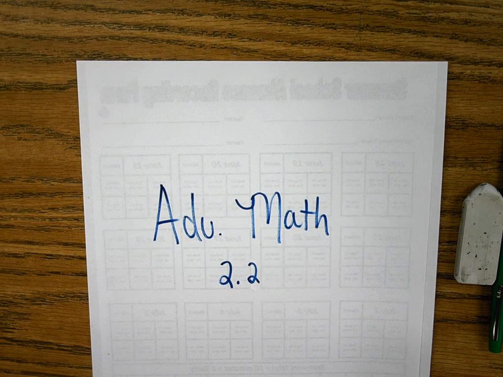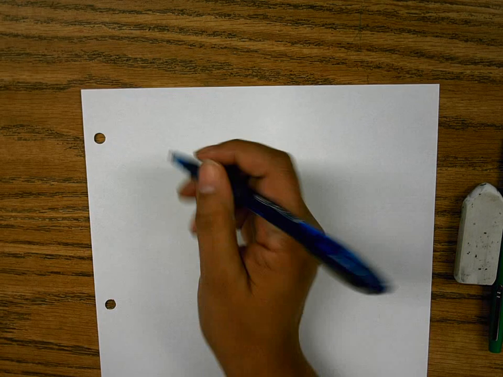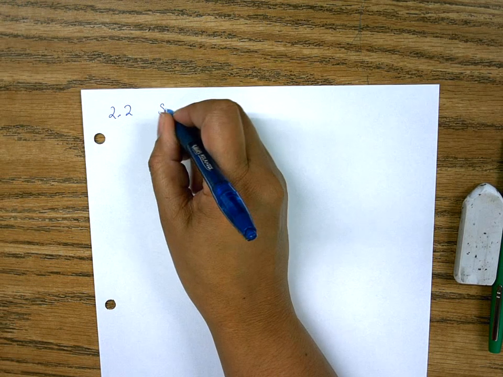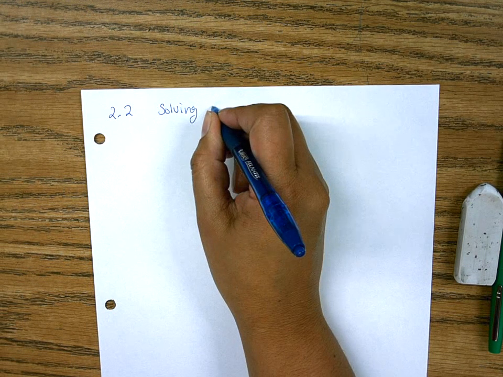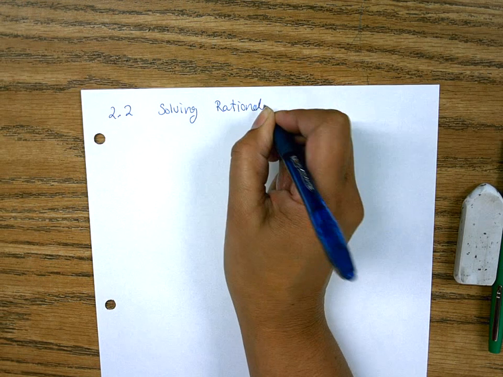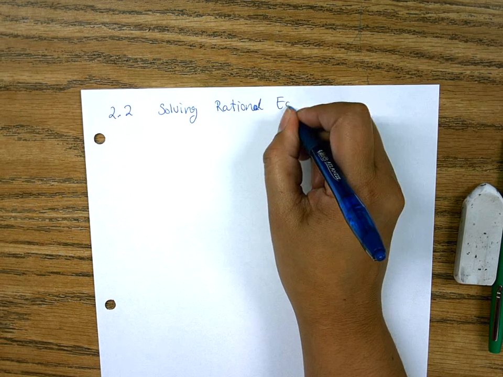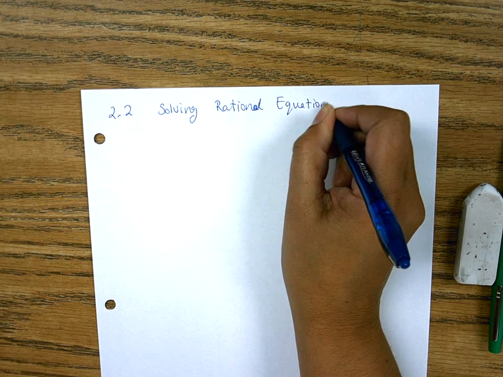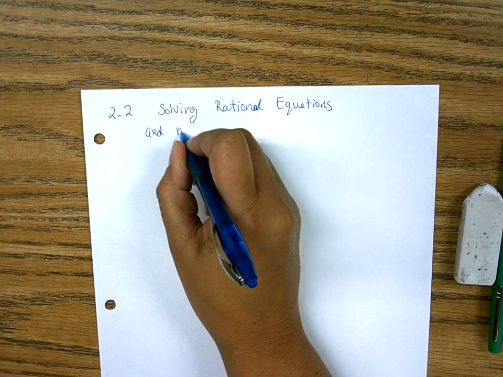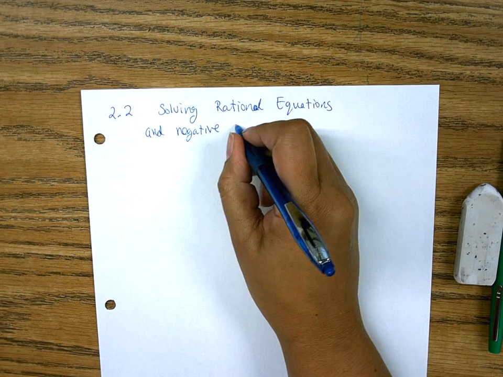This is Advanced Math 2.2 notes. Long title for today: Solving Rational Equations and Negative Exponential Equations.